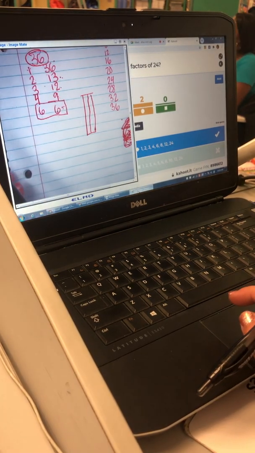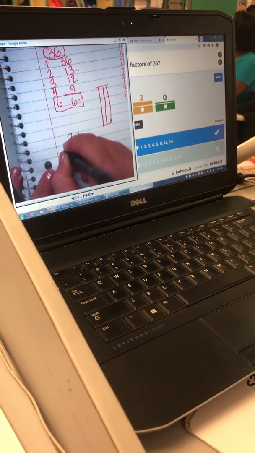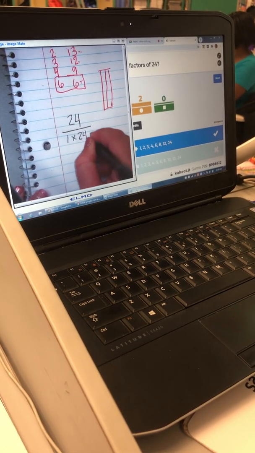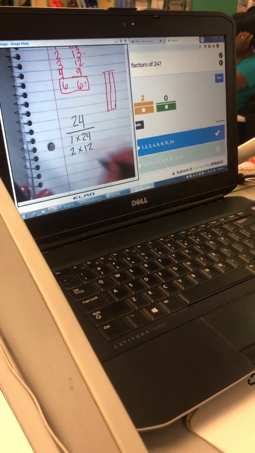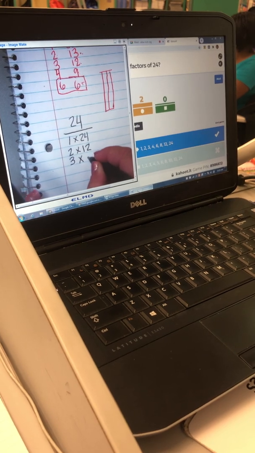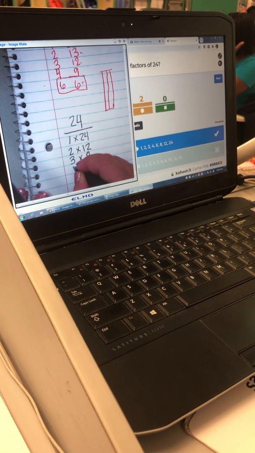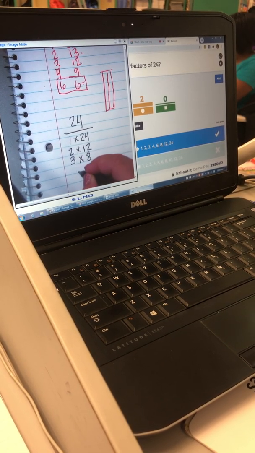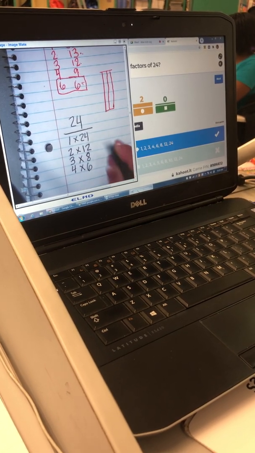Alright, so let's look. It says, what are the factors of 24? So we have 1 times 24, 2 times 12, 3 times 8, and 4 times 6, and that's it.